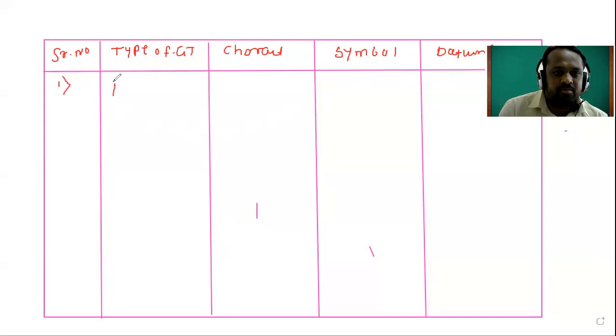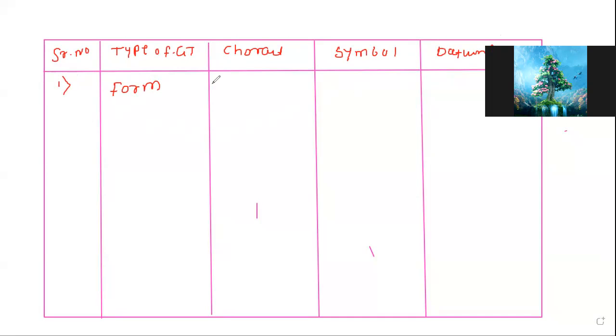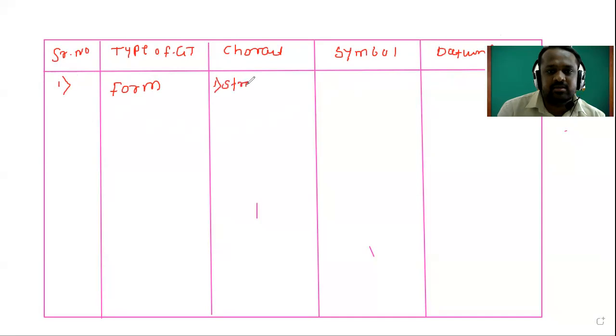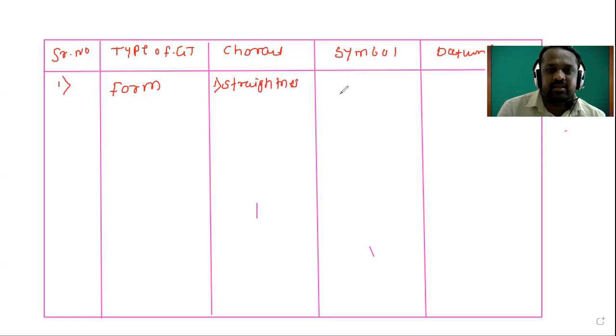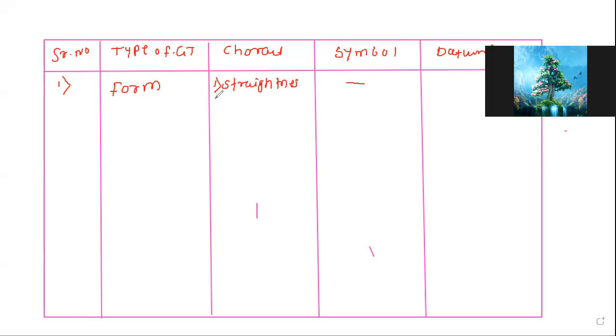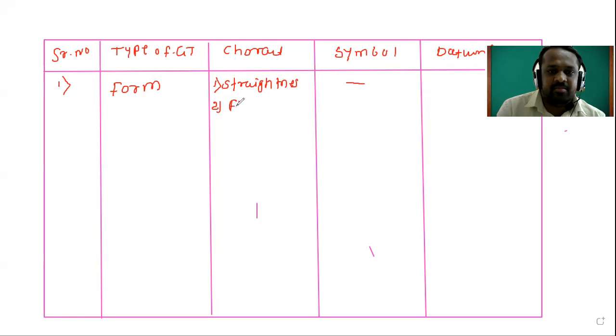Then what is the first type of geometrical tolerance? It is form. Am I right? Yes. In form, the first is straightness. What is the symbol for straightness? Just draw a straight line here. Second is flatness, and this is the symbol for flatness.